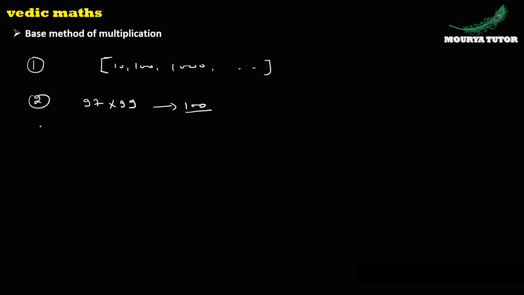Alright. Third thing, here we will evaluate the answer in two parts, LHS and RHS. That means our final answer will be divided into two parts. Let's suppose this is the final answer.